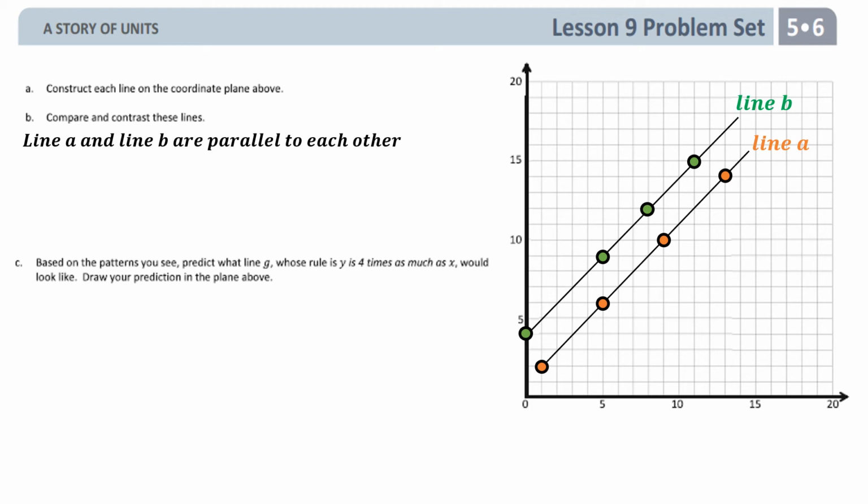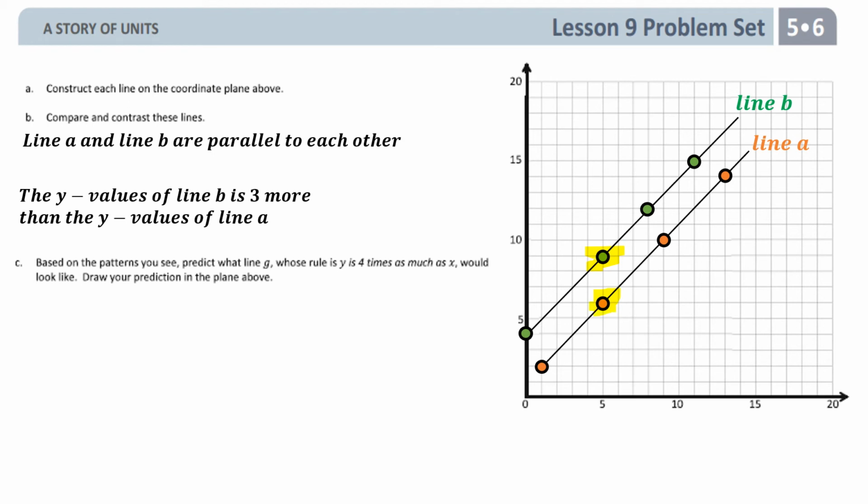So the y values of line B are 3 more than the y values of line A, anywhere you go on line B. And I'm going to pick a couple points to highlight just to explain this concept further. This is something new that we haven't talked about before. So you see these 2 points that are being highlighted from line B and line A, and notice that these 2 points are directly above each other. That's the only way you can compare the values.